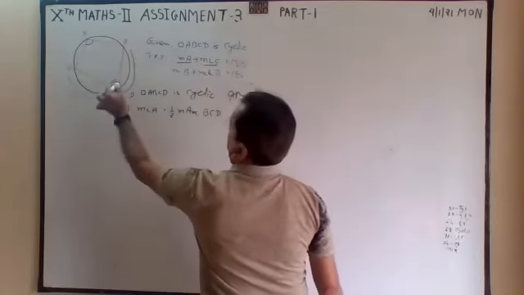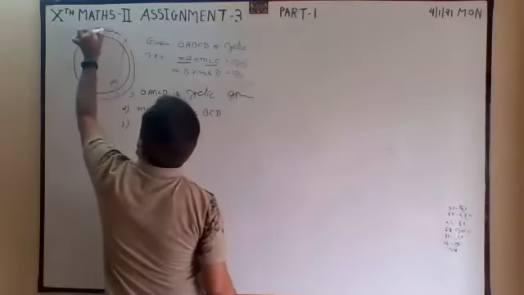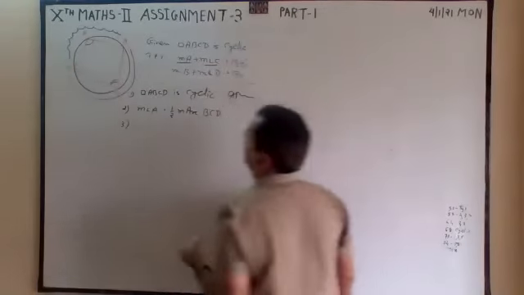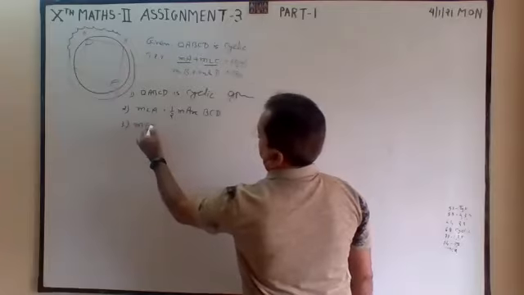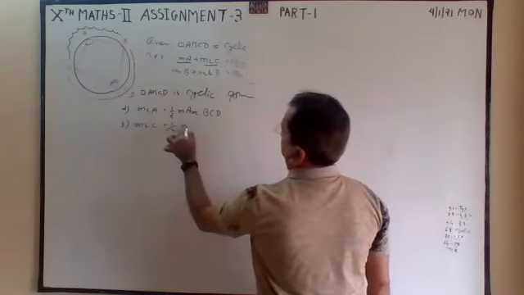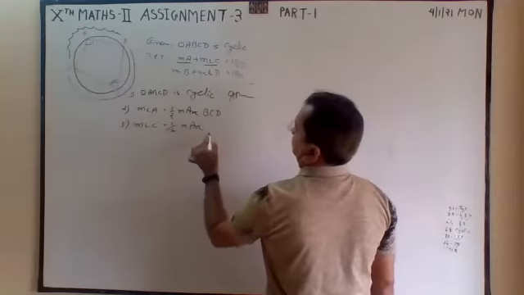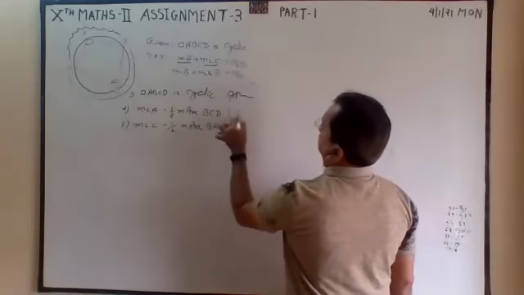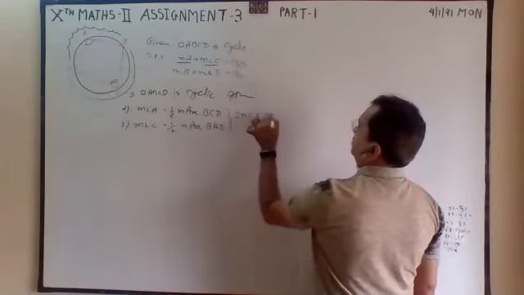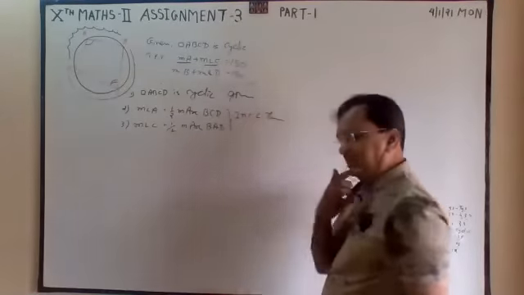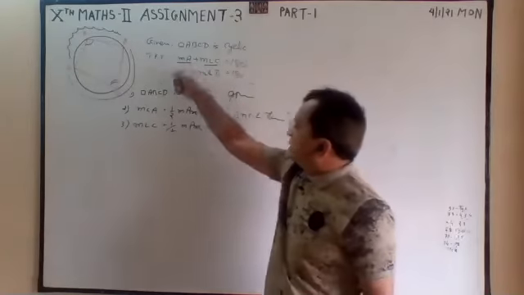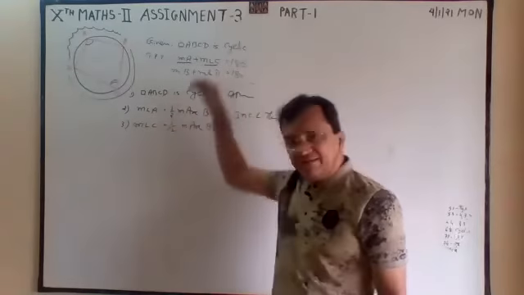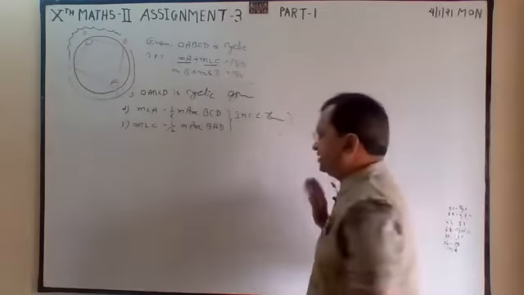Now I want C. C is half of this arc BAD. Inscribed angle theorem. I want this, I got. I want this, I got. Now I want the total. So left side total, right side total.